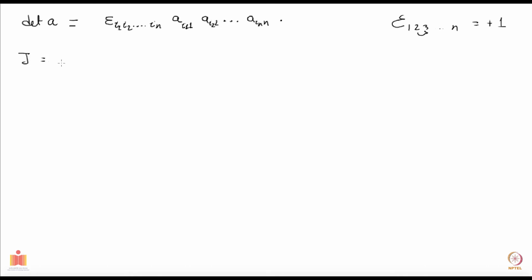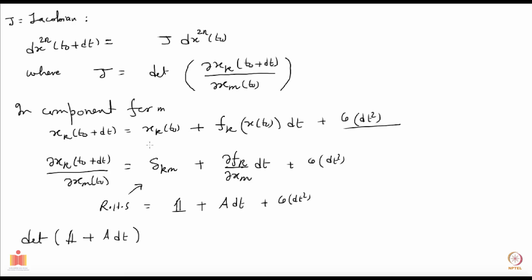My J is epsilon_{i1 i2 ...}, and it will go up to 2n because you have a 2n by 2n dimensional matrix. And then here you have your 1 plus A dt.